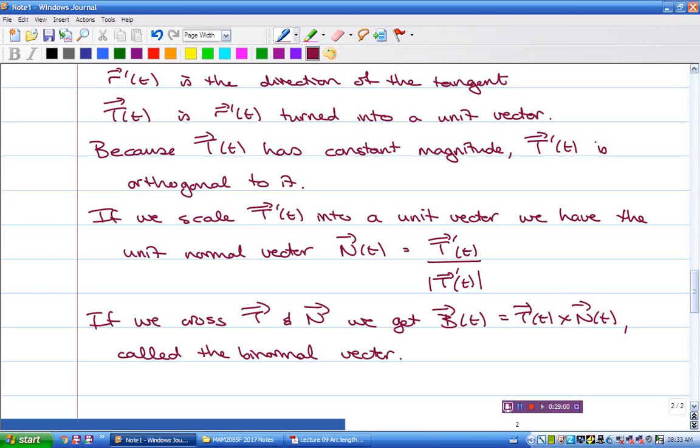If you have A crossed with B, the magnitude of A cross B is mod A mod B sine theta. Because big T and big N are orthogonal to one another, the theta between them is 90 degrees, and sine of 90 degrees is 1. The magnitude of big T is 1, the magnitude of big N is 1, so the magnitude of their cross product is 1. So the binormal vector, we know for sure, will also be a unit vector.